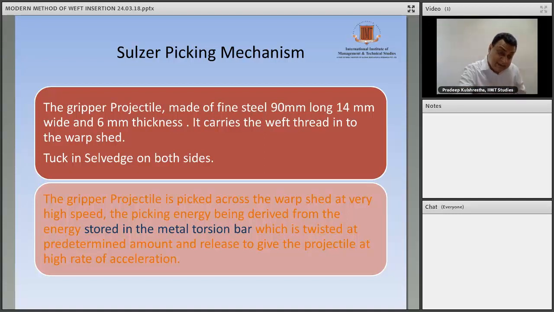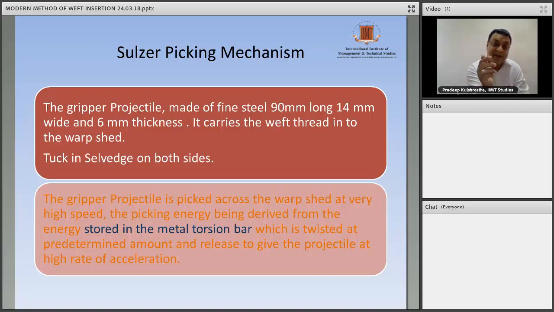Now, if we see how picking takes place, there is a torsion rod which runs a picking lever like this for picking. When this lever comes to the rest position, it tightens like this, and is just triggered. So the projectile goes in the shed.